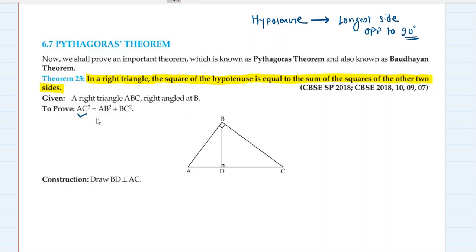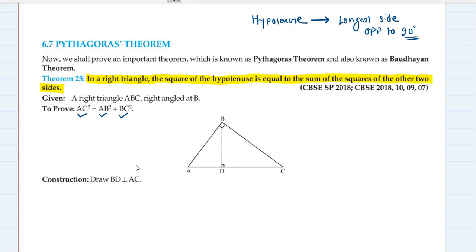Which are the other two sides in triangle ABC? AB and BC. So AC square is equal to AB square plus BC square. That is Pythagoras theorem. Square of the longest side or hypotenuse is equal to the sum of the squares of the other two sides. Whenever you use this theorem, you will write it just as Pythagoras theorem.